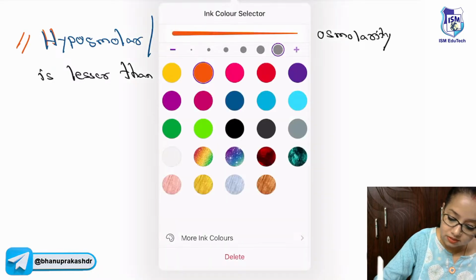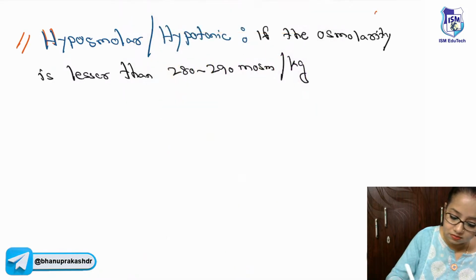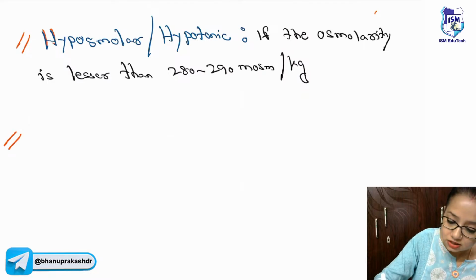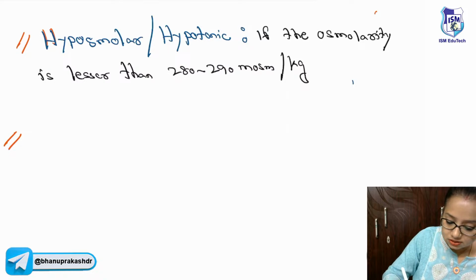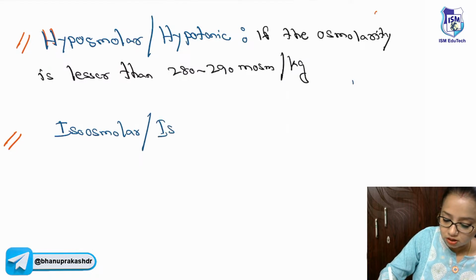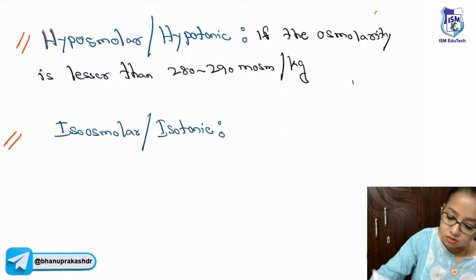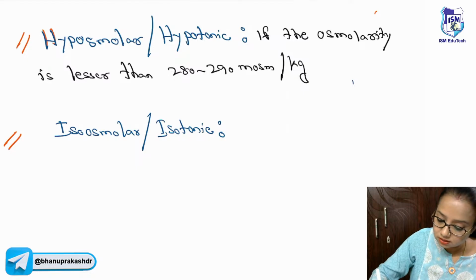Similarly, if there is any solution which is the same, then it is called isoosmolar or isotonic. Meaning what?